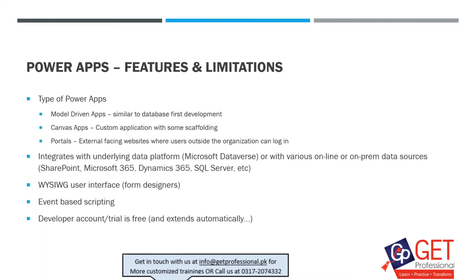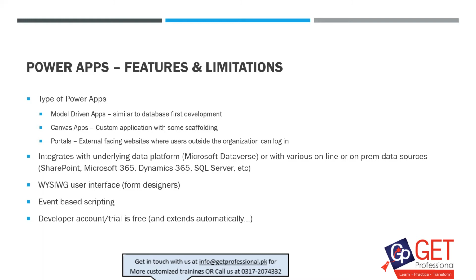The third type of applications are portal applications. As you may have guessed up till now, Power Apps is something that is available to people who have a subscription to either Office 365 or a license to use Power Apps. Portal is an external-facing website whereby people who are not part of your organization, your customer, your supplier, can use this app as well.